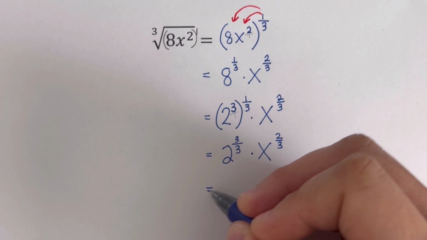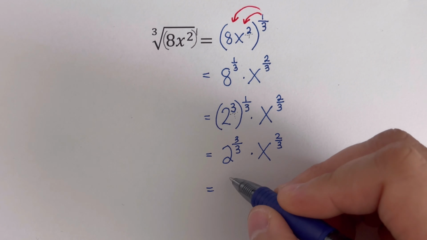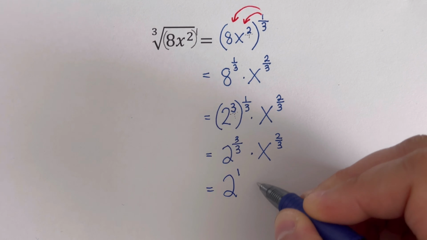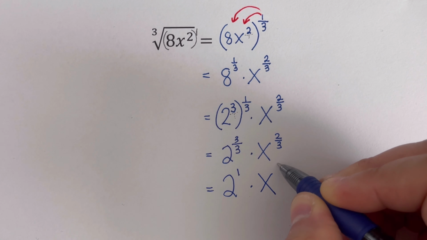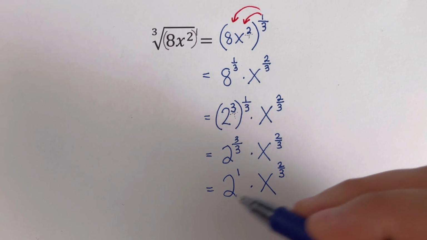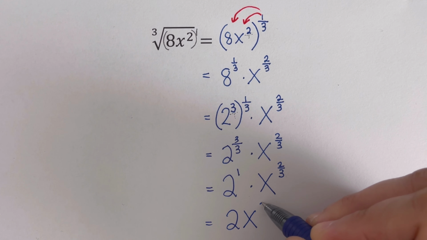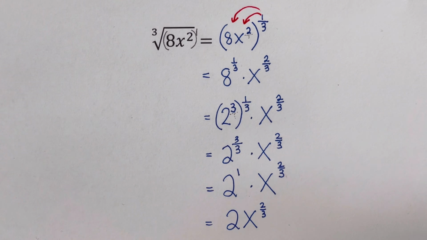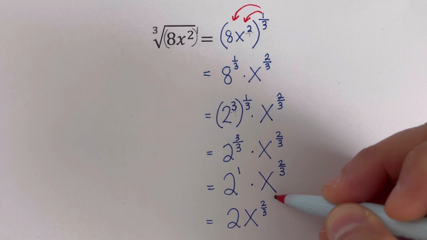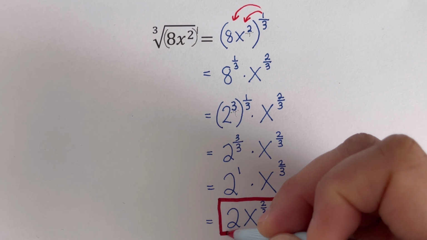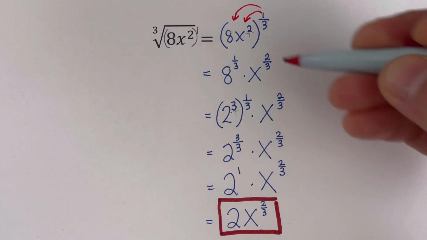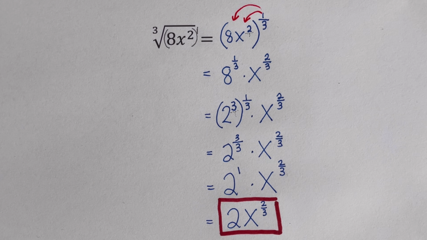And then 2 raised to the power 3 over 3 is pretty much 2 raised to the power 1 times x to the 2/3. And so the final answer for this would be 2x to the 2/3. So this is the rational exponent form of this given radical form up there. Now let's move on to the next example.